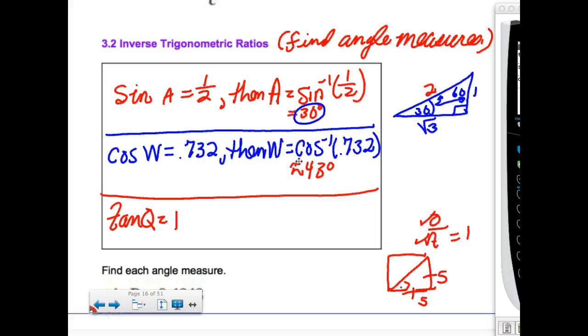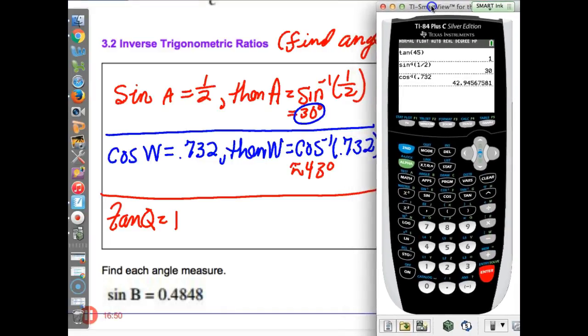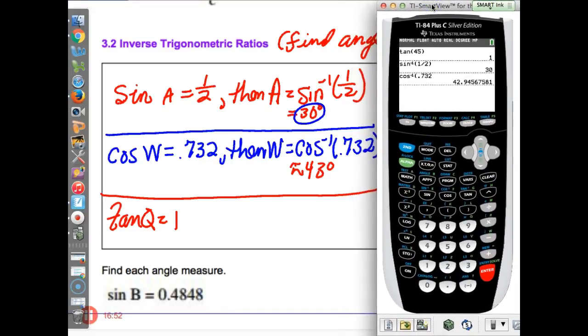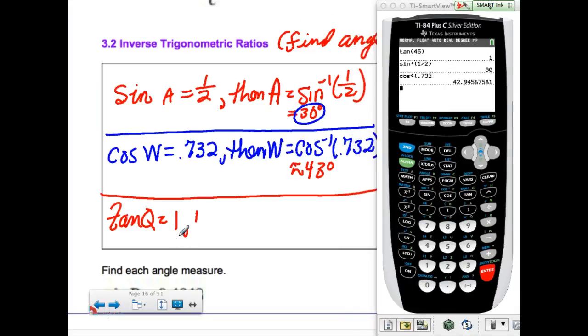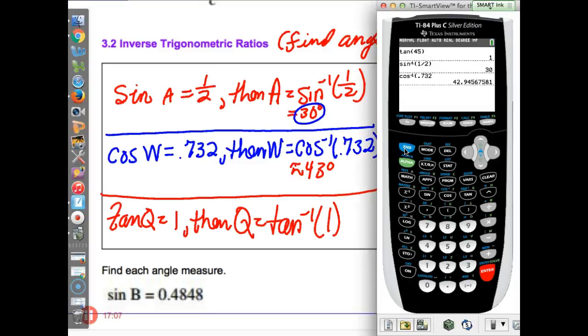Let's go check if our calculator knows that. All right, if I know the tangent is 1, well then the angle is found by doing tan inverse of 1. Let's go see if our calculator's smart enough. Second, tan, 45.